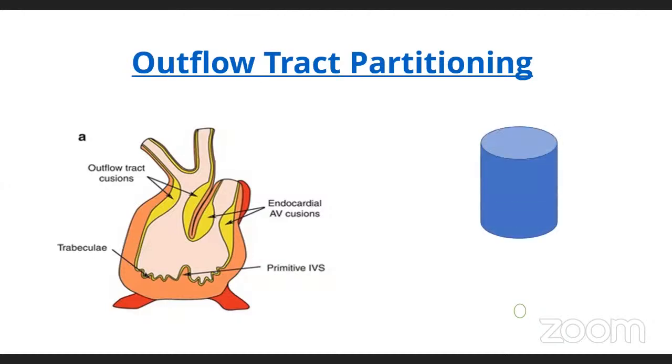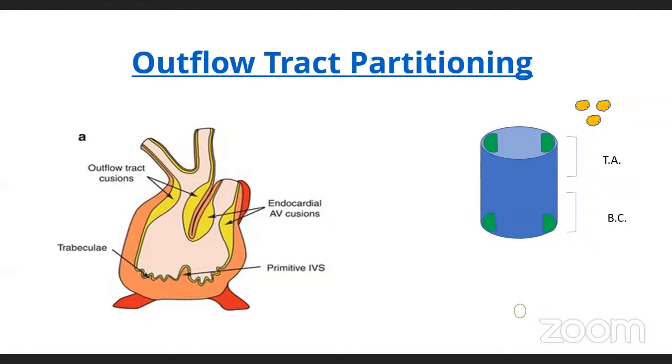What happens to define the aorta and the pulmonary trunk? So if we get a section here, we will have this kind of structure. At the top portion is the truncus arteriosus, and towards the bottom is the bulbus cordis. And again, we have neural crest cells that start to infiltrate this area and start to form ridges like this.